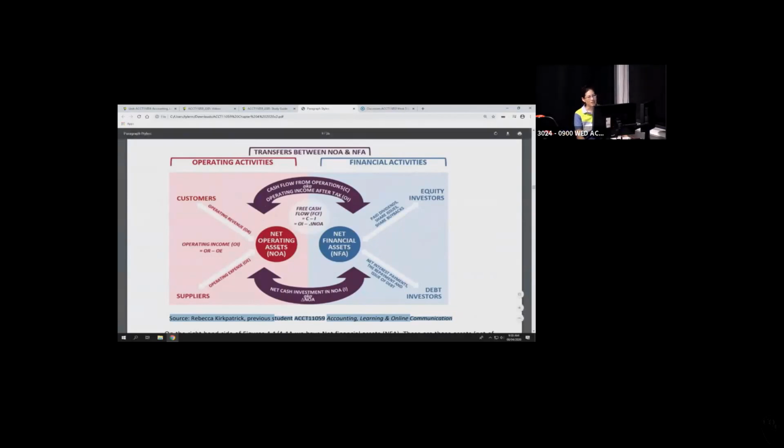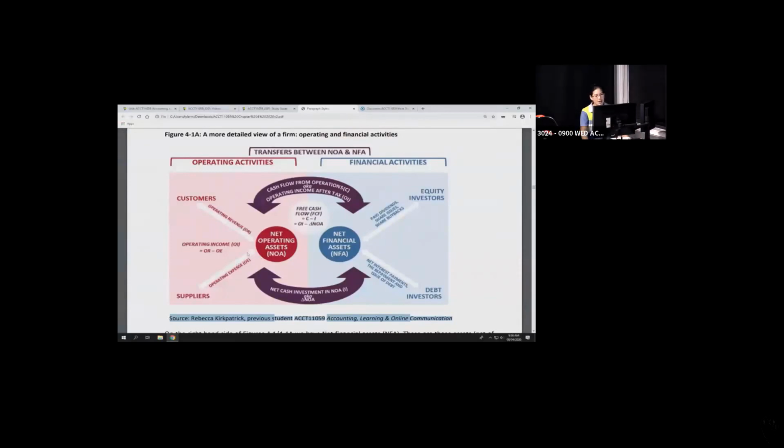So again, you can see that the operating side of activities are to do with the customers and suppliers. And Rebecca has actually put in a few additional items which can help her when she's classifying her financials and can help you. So Tash, you were just saying about operating expenses being operating activities, and you're so right. She's actually listed it here, operating expenses.